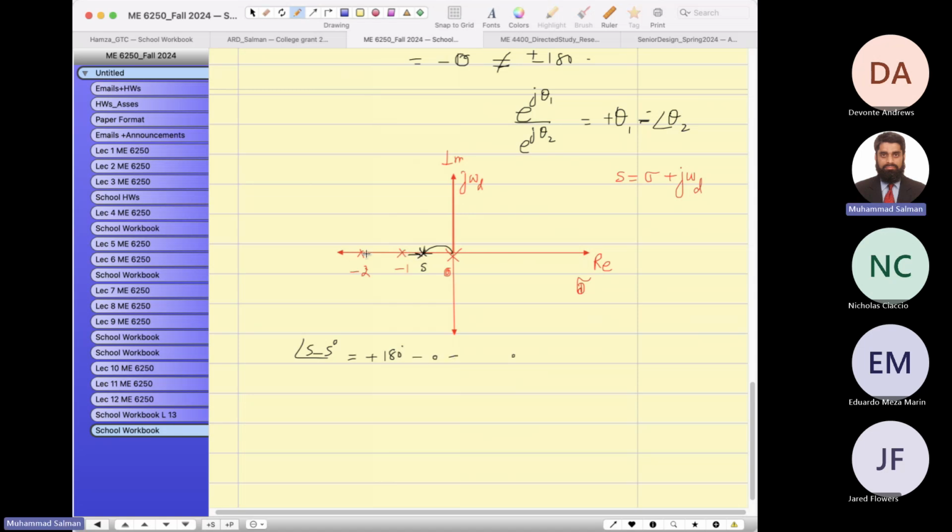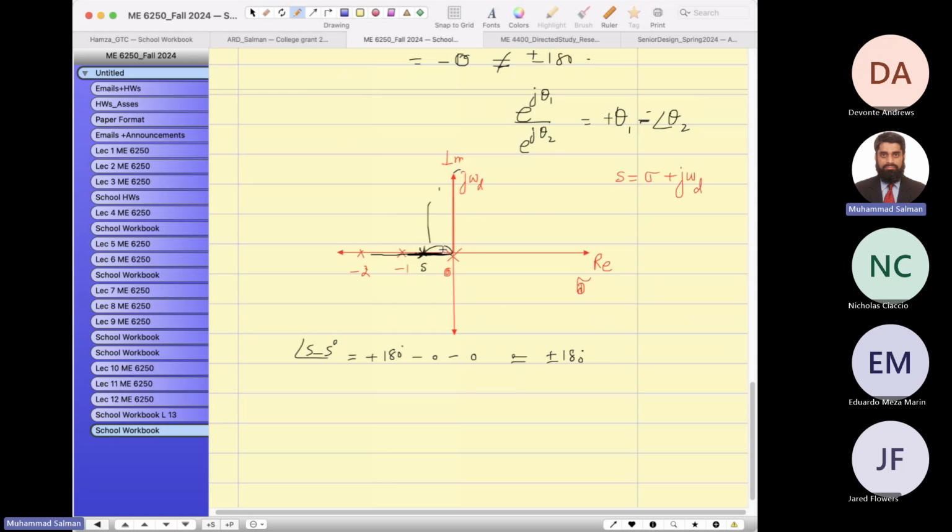This one is a straight line. So we get our answer as one, either positive 180 degree, and in this case, this area between the two poles lies inside the root locus, which is the area on the real axis.